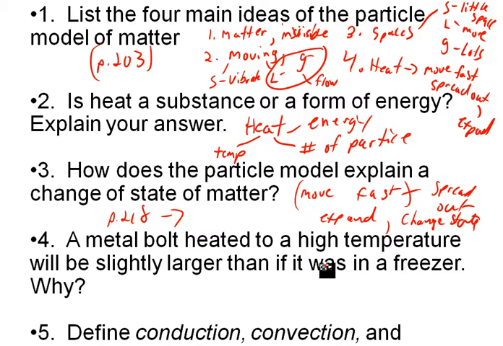Next, a metal bolt heated to a high temperature will be slightly larger than if it was in a freezer. Why? Again, this is about expansion versus contraction. So, when we cool substances, the particles slow down.